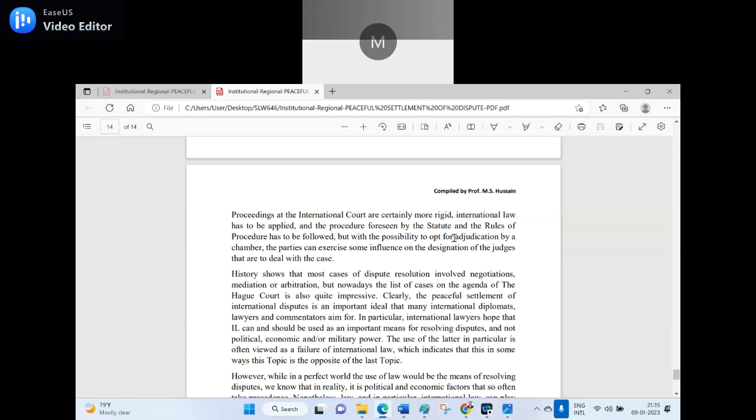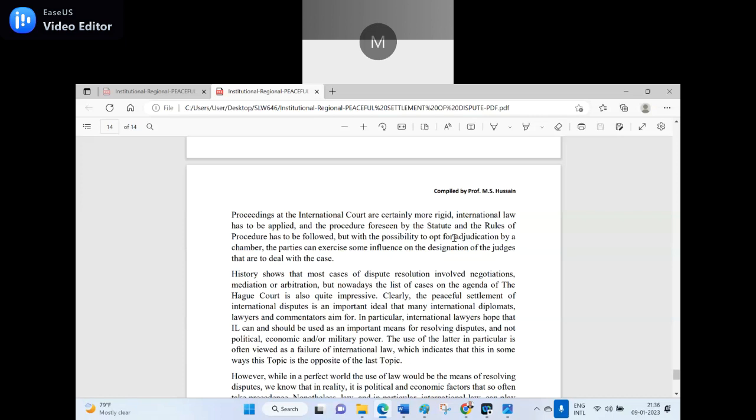Neither can the disputes be resolved by political means or any other means, except through international legal instruments, treaties, protocols, and as such observations are there. The use of the latter is often viewed as a failure of international law. If they do not follow the norms of the international rules, then international law is meager and becomes fruitless or useless.